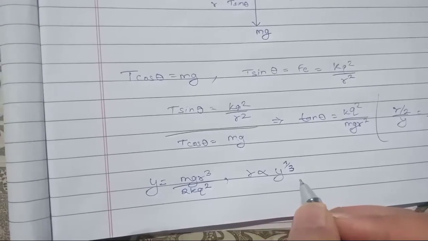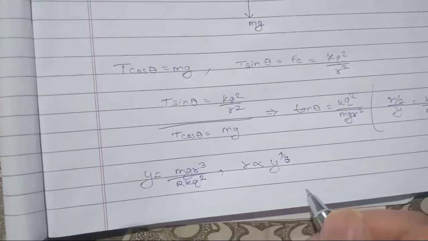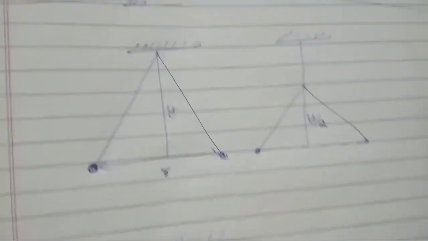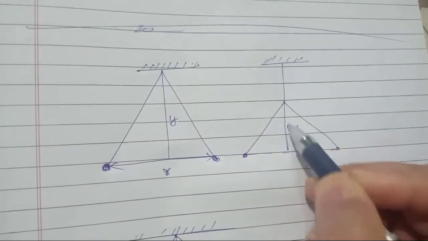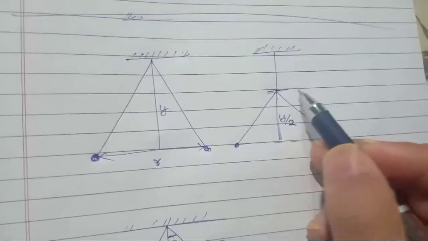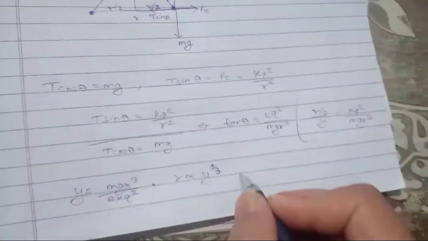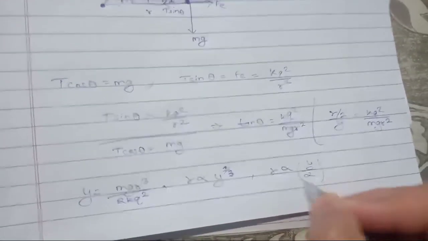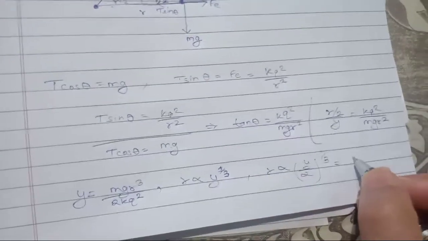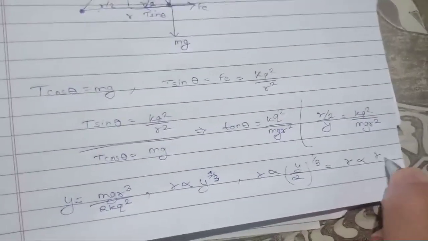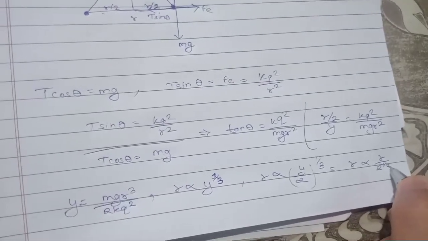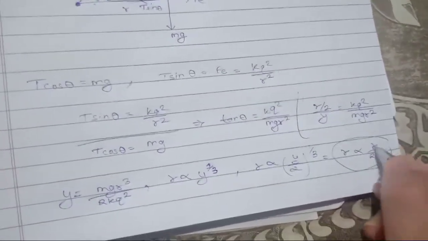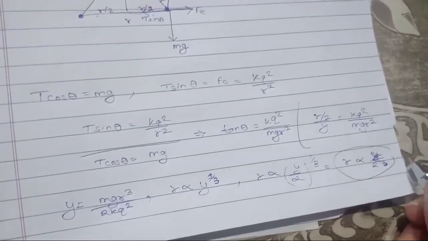So when we halve the distance, that is when we make y by 2, we get r directly proportional to (y by 2) to the power 1 by 3. So this is the correct answer.